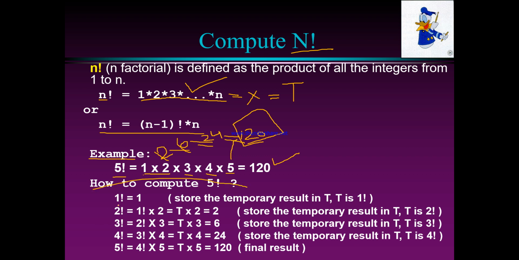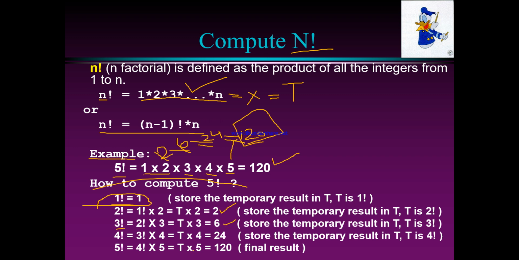So this is the illustration of how to compute 5 factorial. 1 factorial will always be equal to 1. In multiplication, remember that any variable multiplied by 0 will become 0. So 1 factorial will always be equal to 1, 2 factorial will always be equal to 2, while 3 factorial will always be equal to 6.